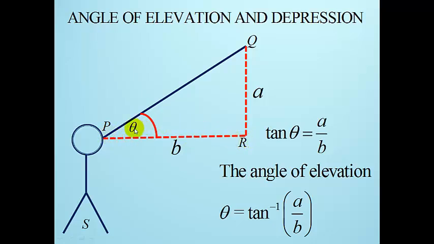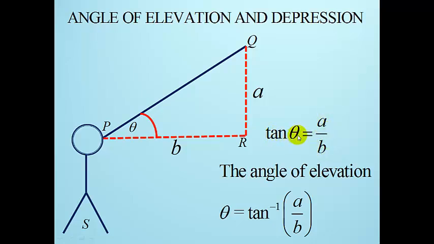PR is adjacent to the angle theta. And so if you want to find the angle of elevation theta, tan theta will be equal to, you know that tan is the same as TOA, that is opposite over adjacent. So when you consider the angle theta, the opposite side is A and the adjacent side is B. That means that tan theta is equal to A over B.